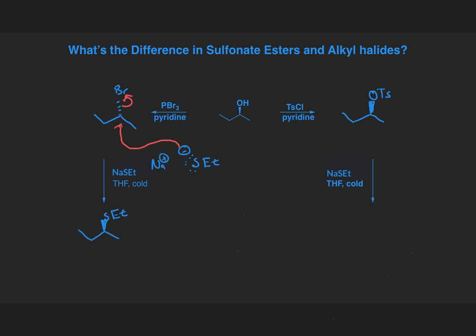Then this reagent here is going to do an SN2 type reaction on this tosylate. But this time, since the tosylate is going out of the page, the sulfur is going to be going back into the page. So substituting an alcohol going through a tosylate is going to give you inversion of configuration.